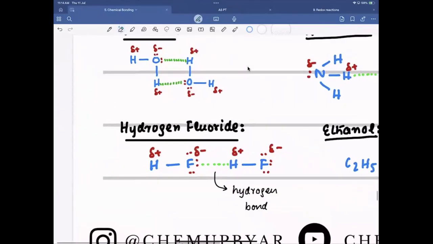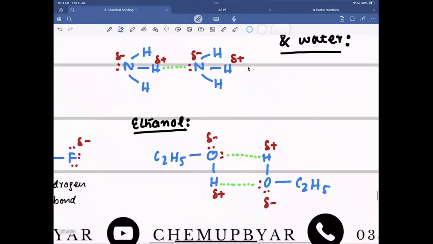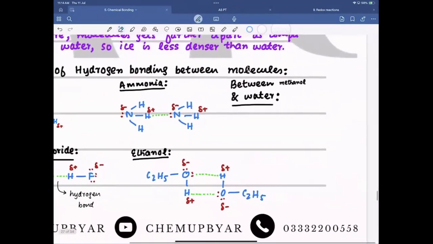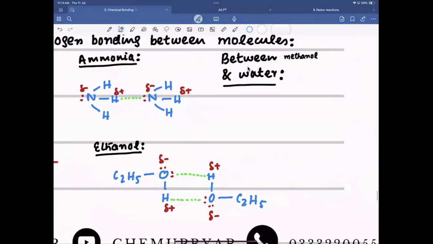Yes, sir. Sorry. And between ethanol molecules, we can show it this way. You have drawn it between water and methanol, so it can be drawn this way as well, CH3OH, and then H of the water molecule, O and H.